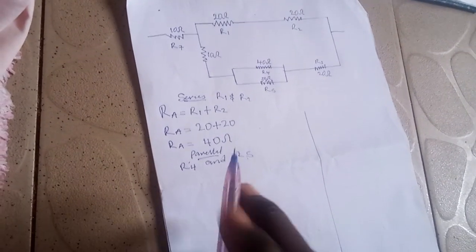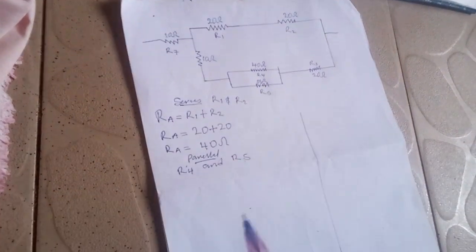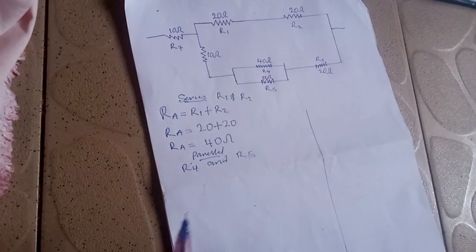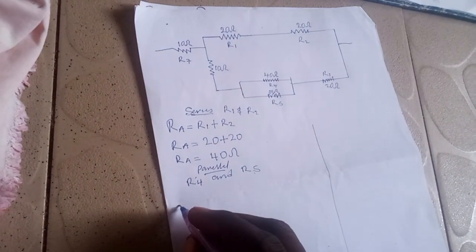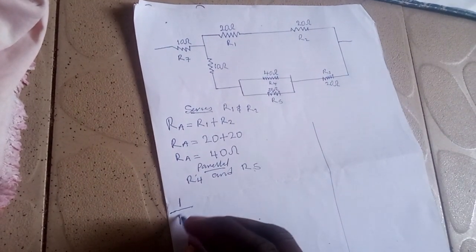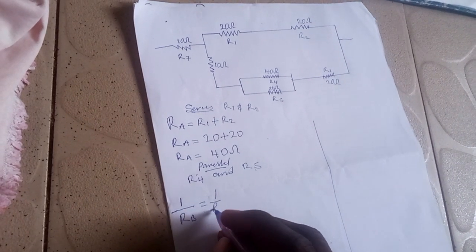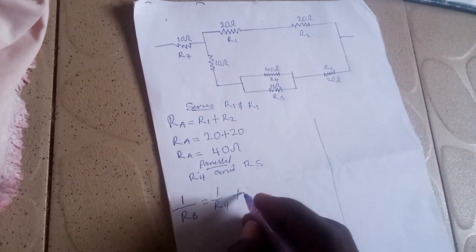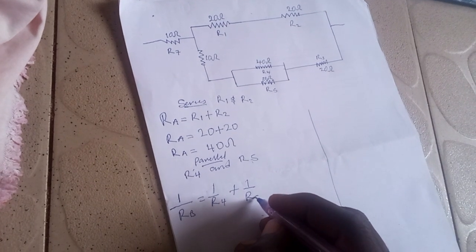So the first thing you need to do is to calculate out this one, then you come and calculate this one in the box. Remember, I said that the formula of our parallel calculation is what? 1 over RB equals 1 over R4 plus 1 over R5.